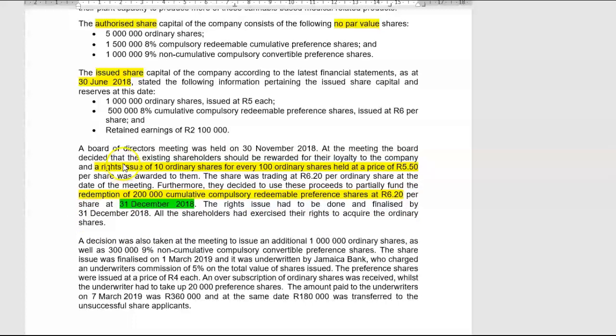Okay, so what happened here? We had a rights issue. It's a normal issue of shares. The only thing that you have to work out is how many shares were issued. There was 1 million shares in issue already. They are receiving 10 shares for every 100 held, so 1 million divided by 100 multiplied by 10 times 5.50 Rand.